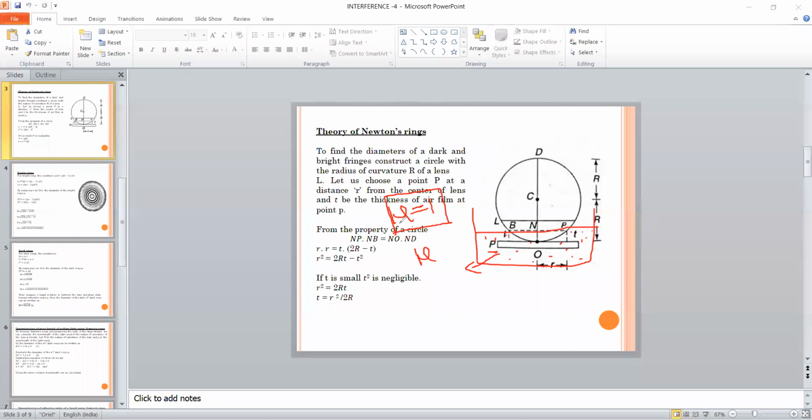That's why in the entire derivation, you have to take mu value as 1. Whereas if the same experiment is done in a liquid having refractive index mu, then the entire formulas will change.